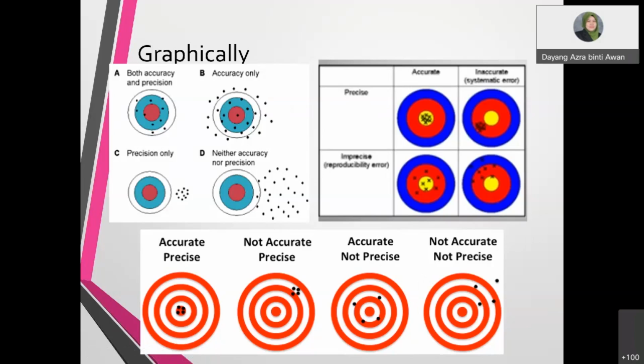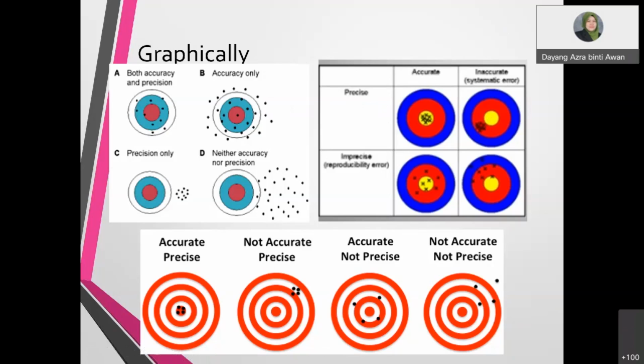Sometimes inaccuracy is called systematic error. You can see here in the figure, this is precise and accurate, and this is systematic error. Although that one is precise, it is not accurate.